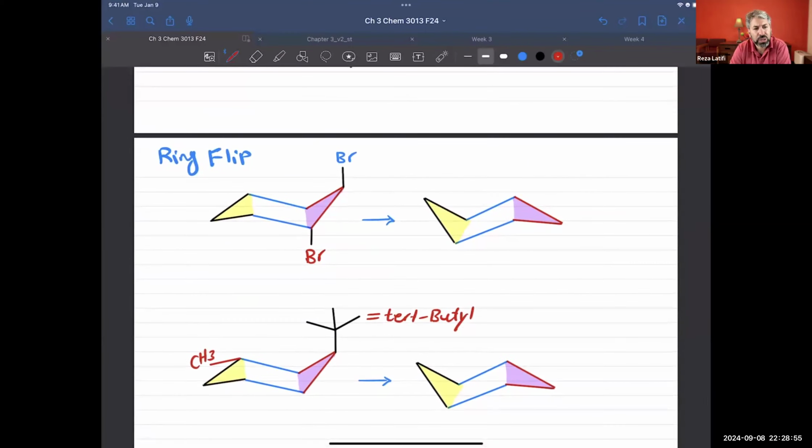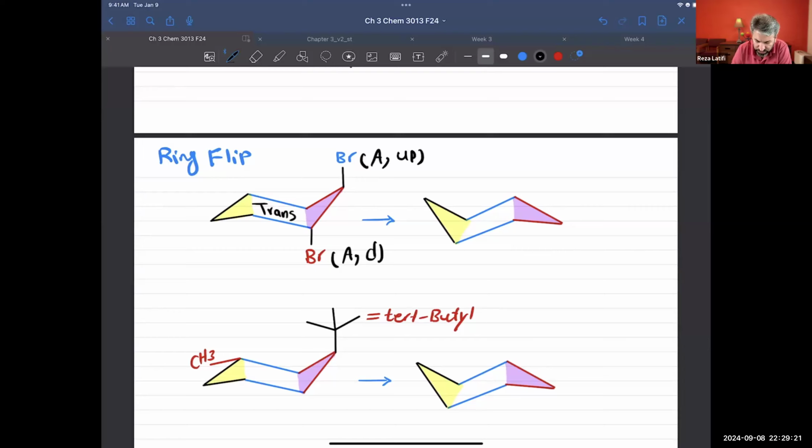One example here we have ring flip. For example, this bromine is in axial position and is up. That bromine is in axial position and is pointing down. First of all, I want to know whether it's cis or trans. One of them is up and the second one is down, so I'm dealing with trans.